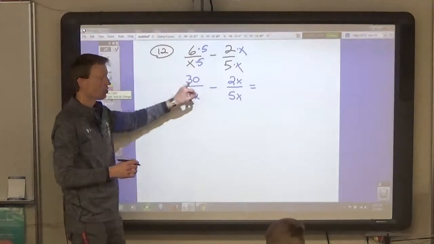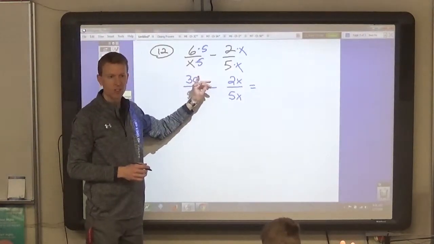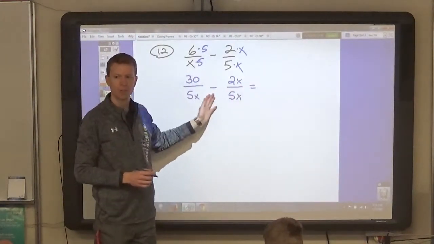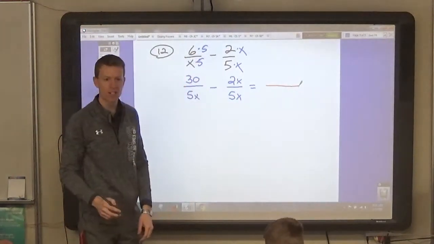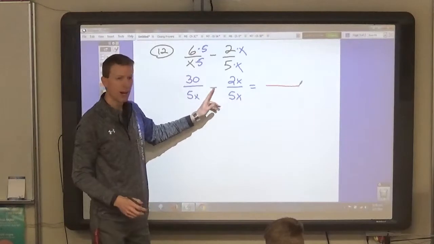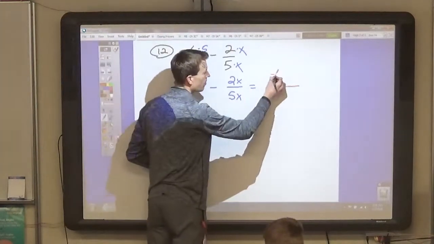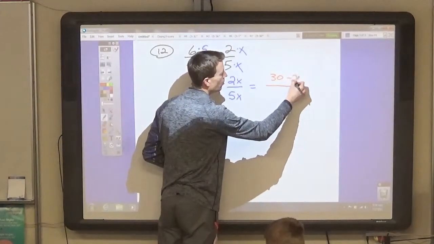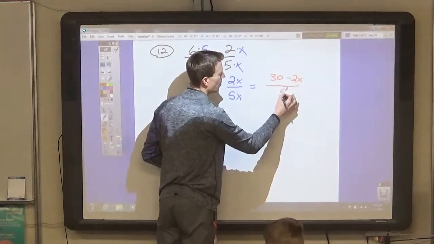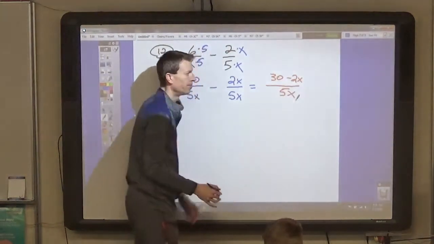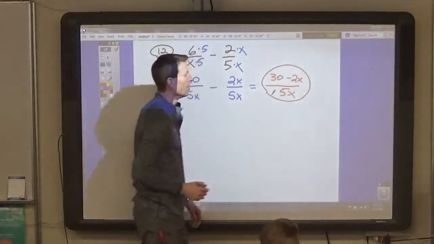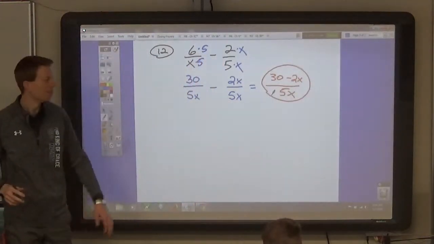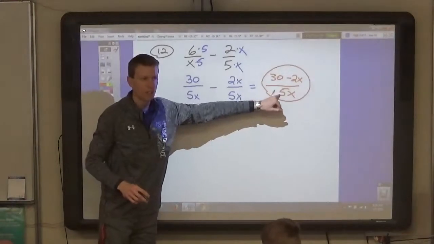But this is just 30. So to simplify this, the only thing you can do is write it over the same number. We can rewrite it like this: 30 minus 2x over 5x. That's just simplified. And that's as far as we can go.